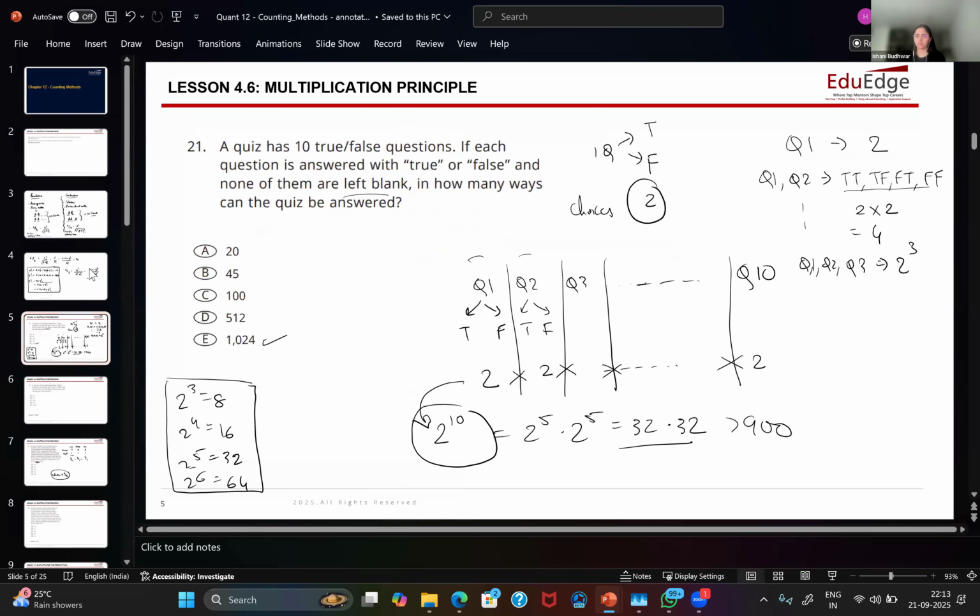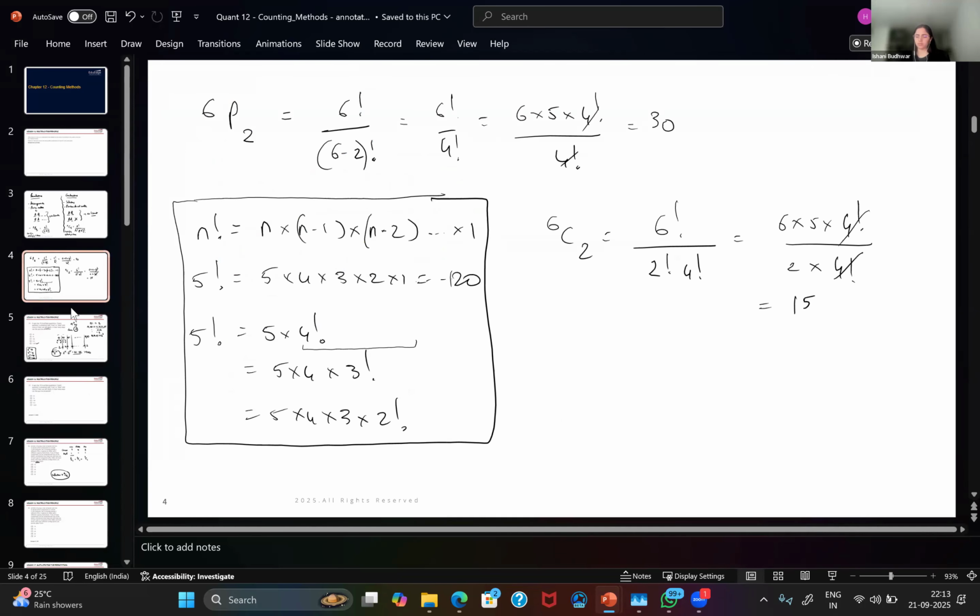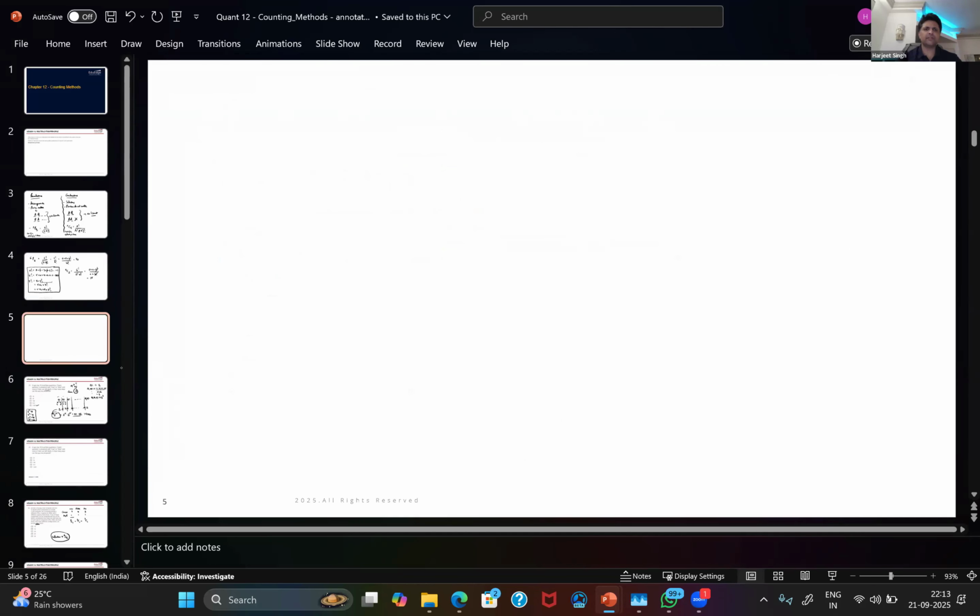One important thing in combinations, in nCr: first of all, the formula is n factorial divided by r factorial into n minus r factorial, which we have done. 2 rules: nC1 is equal to n, and nC0 is equal to 1.